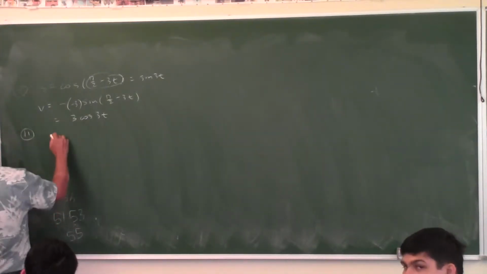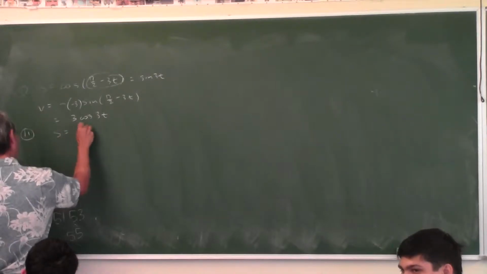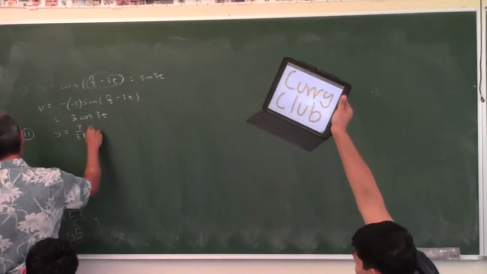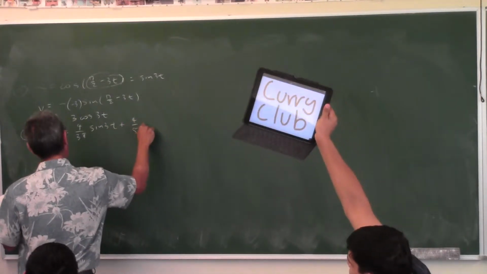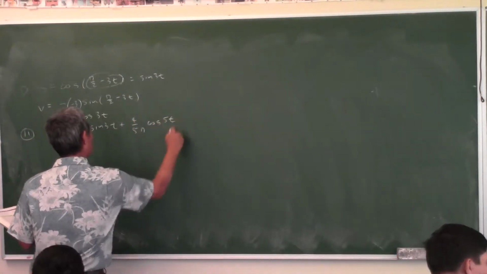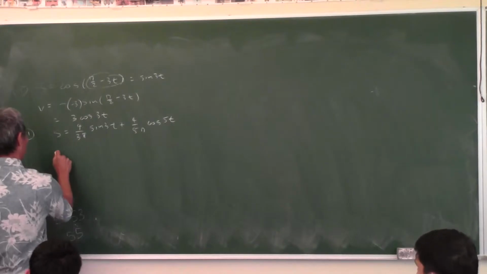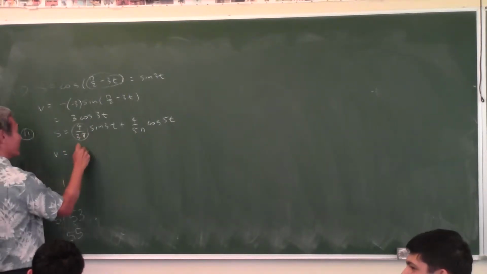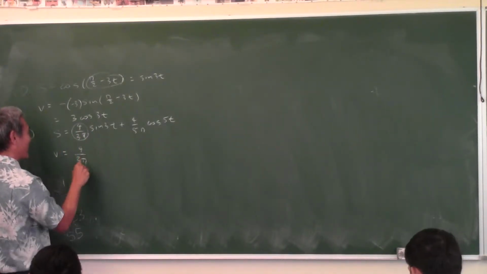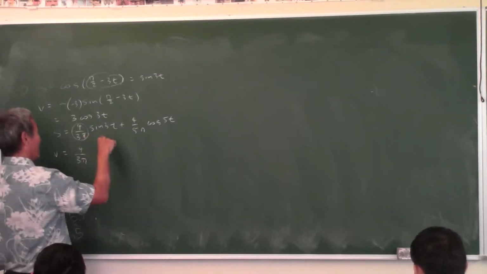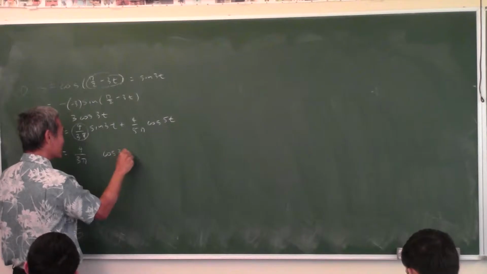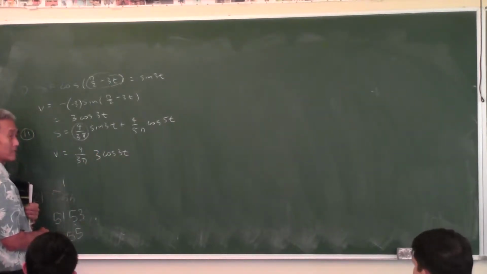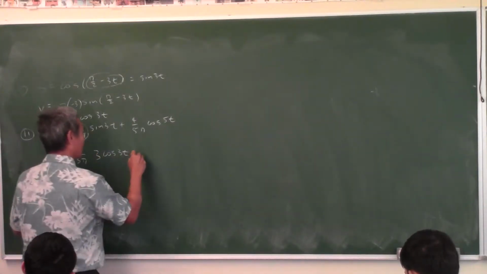11. Position equals 4 over 3 pi sine box plus 4 over 5 pi cosine box. So, velocity: this is a constant. Throw it on the side like an unwanted pet. The derivative of sine box is cosine box times the derivative of box, 3.